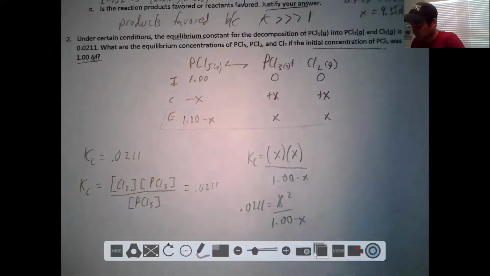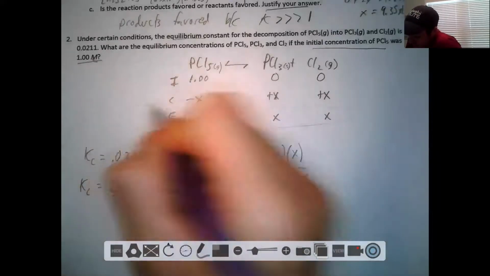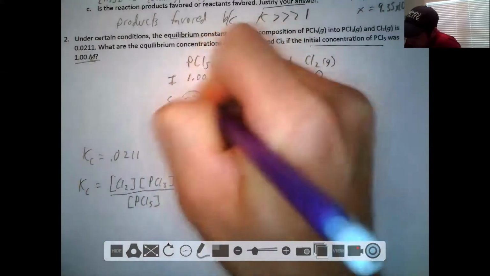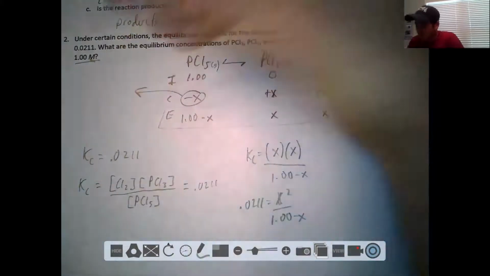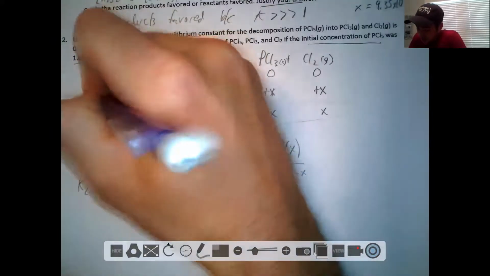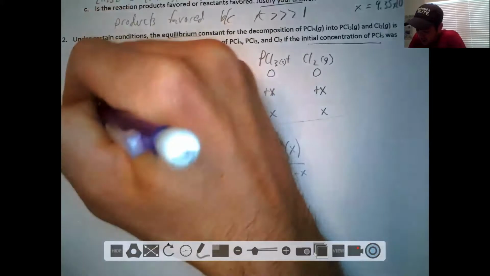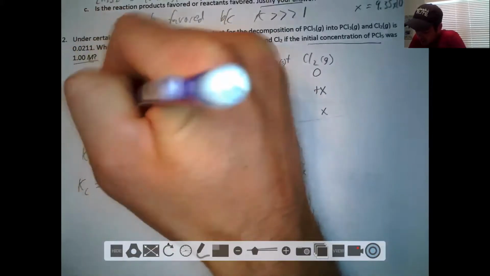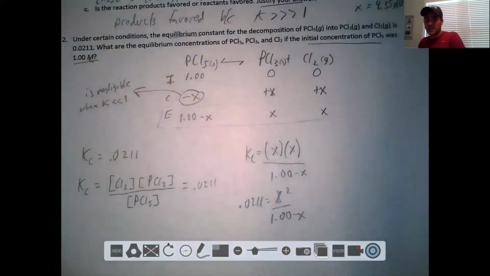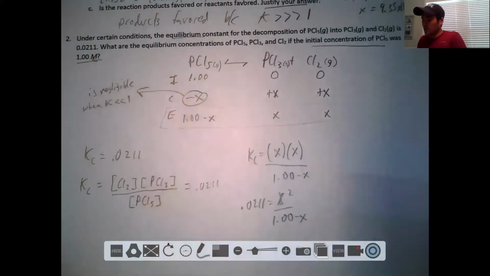So this is the trick. This is what we need to know. So this X right here, and only this X, that X is negligible when K is a lot less than 1. And what does that mean?